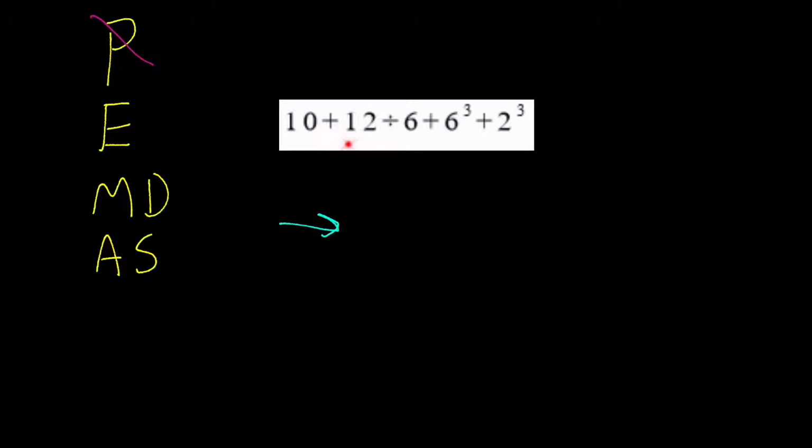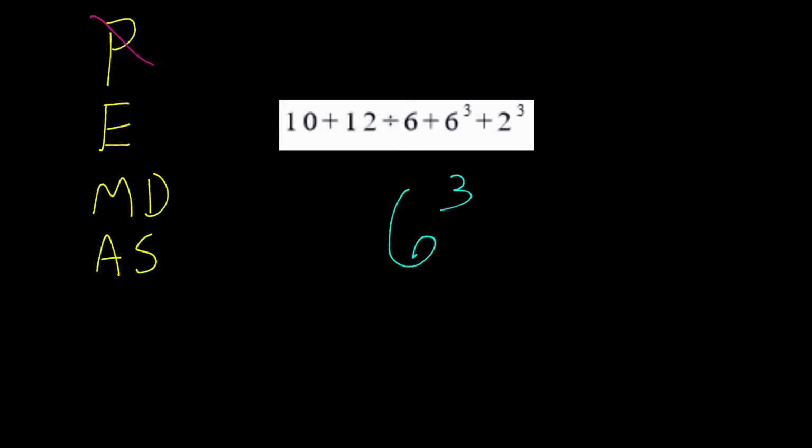So if we go through this from left to right, what do we run into first? 6 to the third power. So our answer for this one, if we're trying to figure out what operation to do first, is 6 to the third power. After we take care of that one, then we would take care of our other exponent. But we have to go from left to right so that we do everything in the correct order.